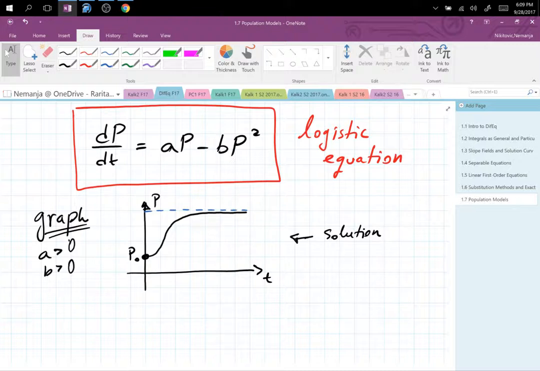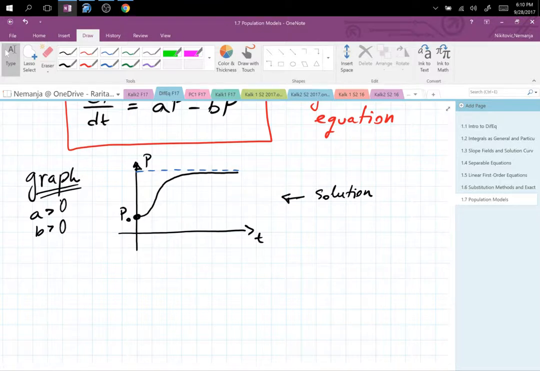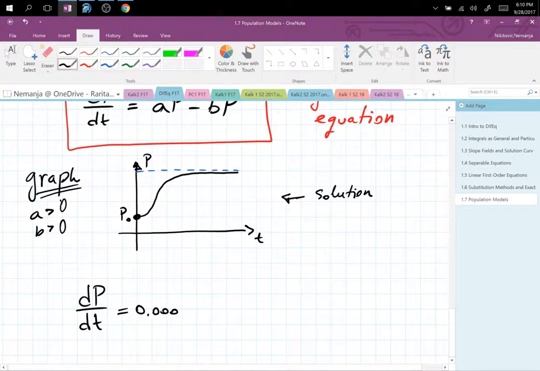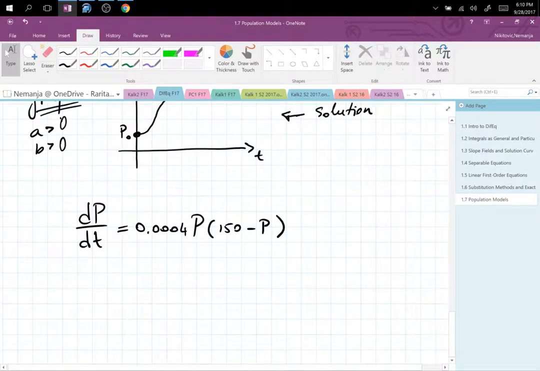So let's take a look at the problem where, again, a differential equation is given to you, and now you have to solve it somehow. So this is the differential equation that is given to you.